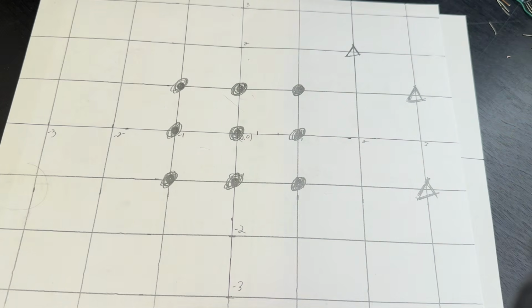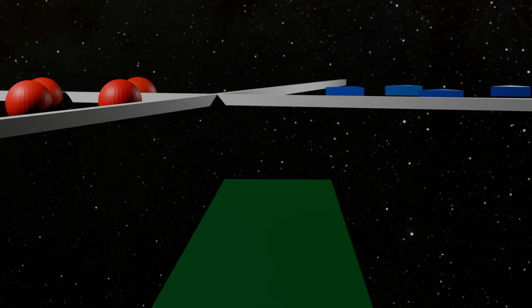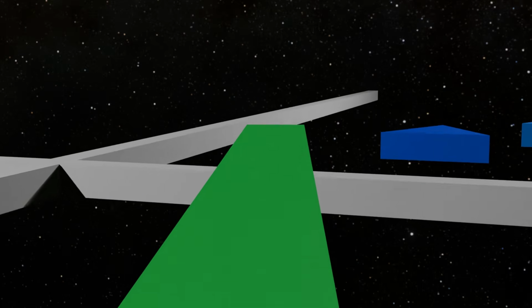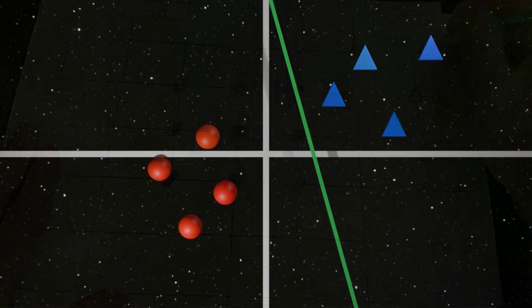So we can use a perceptron to classify these two types of data. And using just math, we can make a line equation that easily separates this data, right?